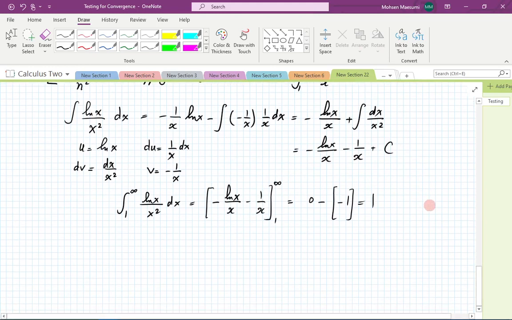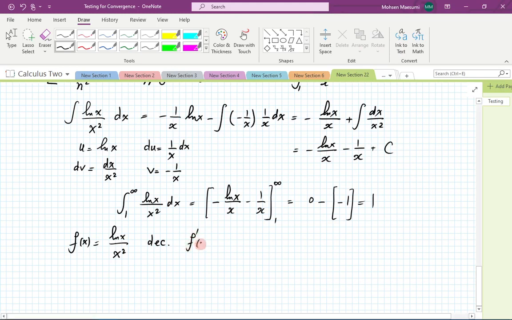The only thing that's left is to show that the function f of x, which was logarithm of x over x squared, is decreasing. Typically the easiest way to do that is to take a derivative and see what we get out of that.